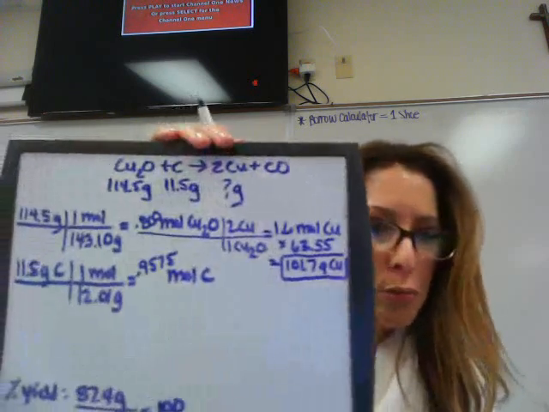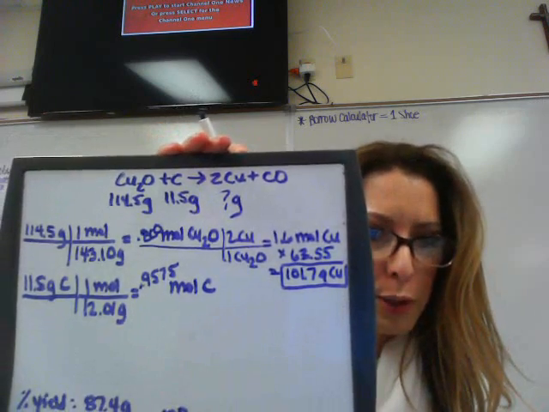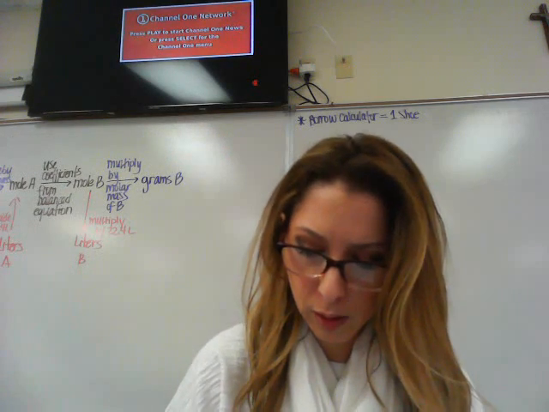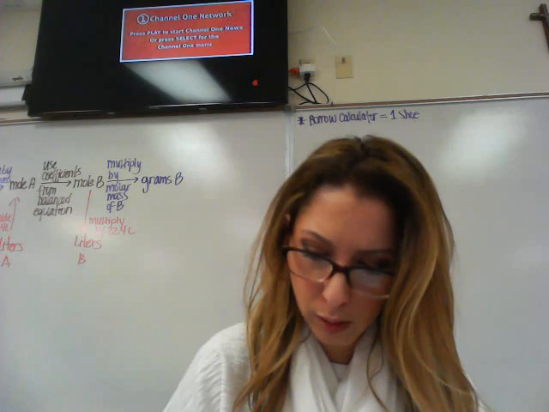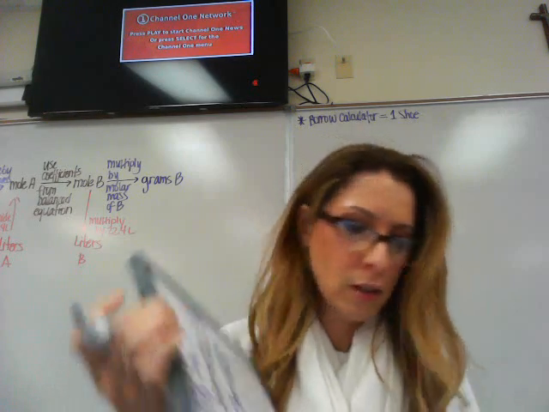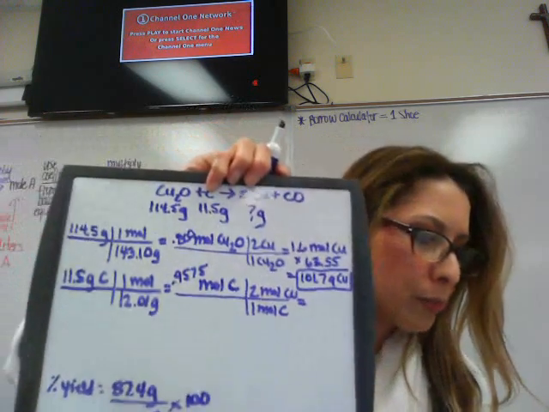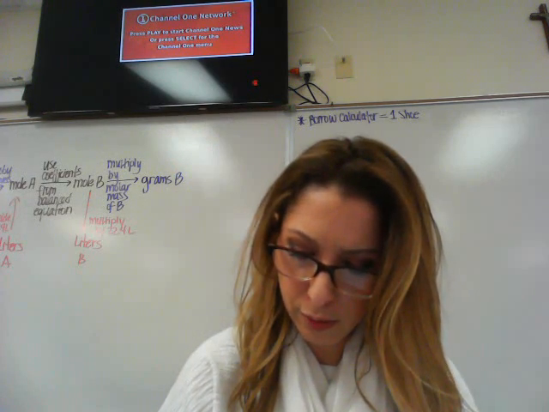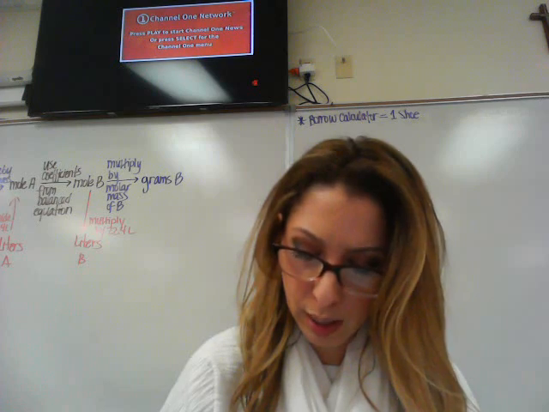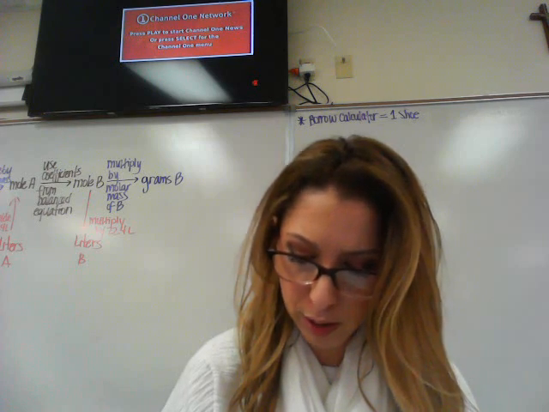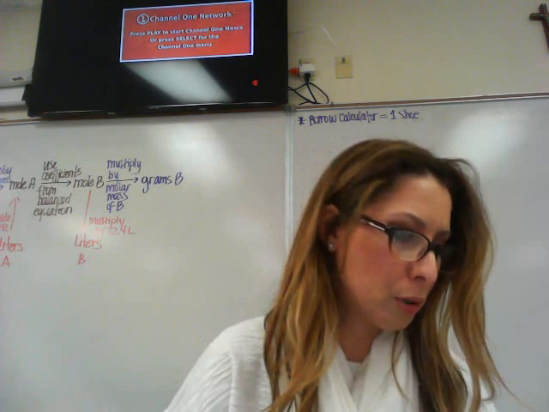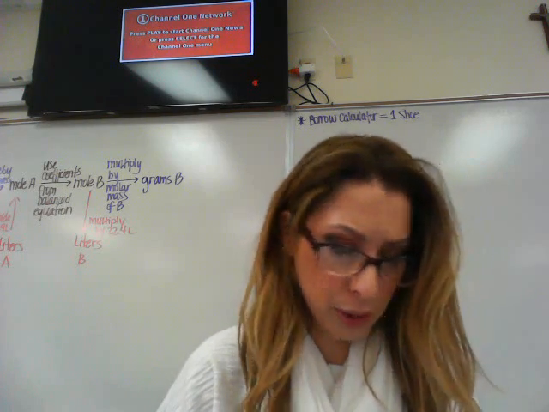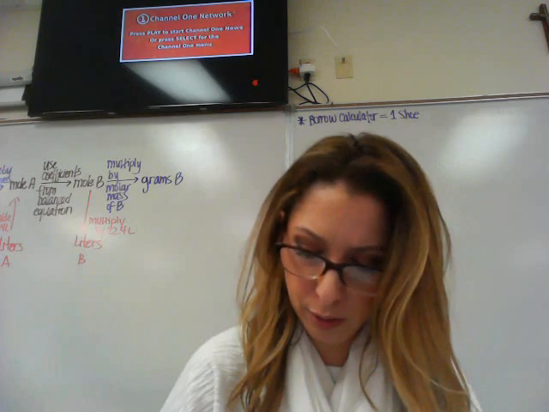Okay, then you have to do a mole ratio. So it's 1 mole of carbon for every 2 moles of Cu. Okay, so we multiply that by 2. 1.915. So 1.915 moles of Cu times the molar mass of Cu to get you into grams, so times 63.55. You're going to get 121.7 grams of Cu.